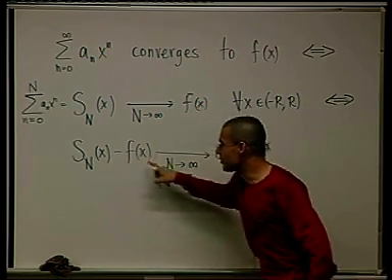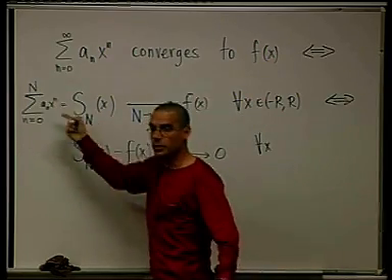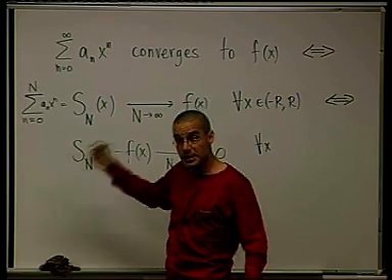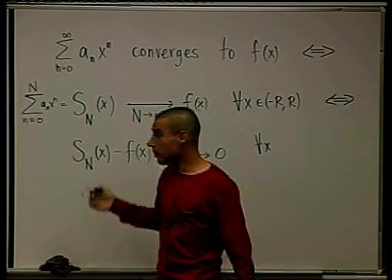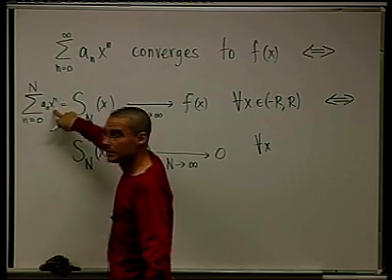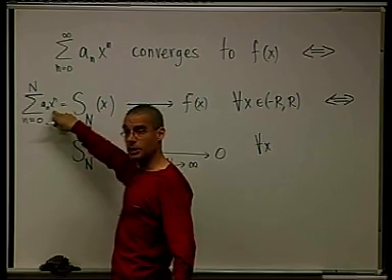But what is this difference? What is S_N(x), the sum only up to n? It's the Taylor polynomial of degree n, right? The partial sum, the sum of the first n powers, is precisely the polynomial of degree n.